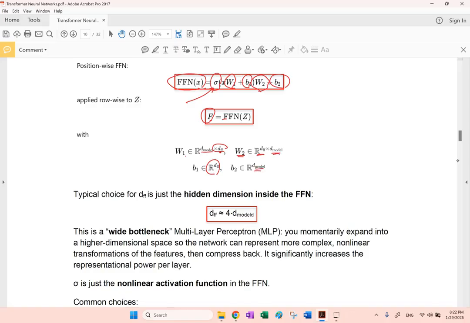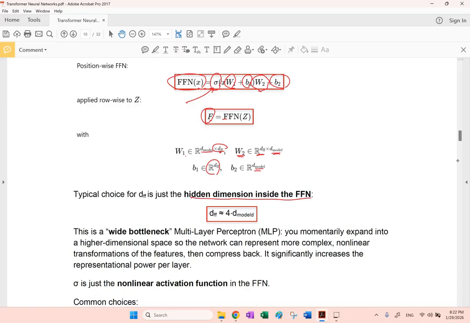So what does that mean? It means you go from a dimension d_model in X to DF in the output of sigma, and then by multiplying it by W2 and B2, you go back to the dimension d_model. Now the question is, what is this DF, the dimension of the feed-forward network, this hidden hyperparameter? What do you pick for it and why do you make it different than d_model?